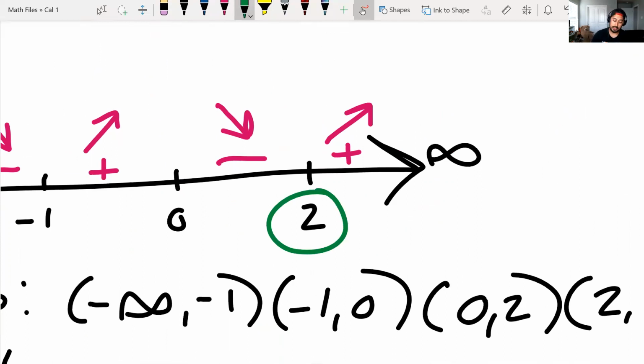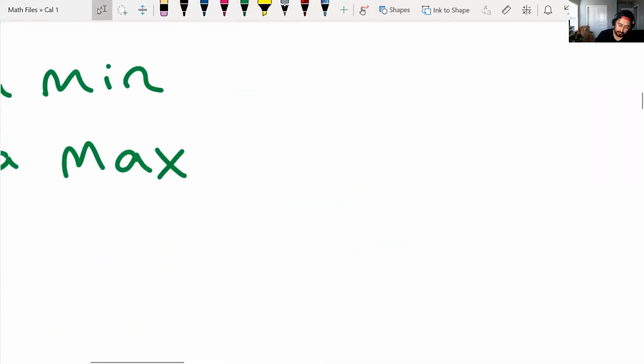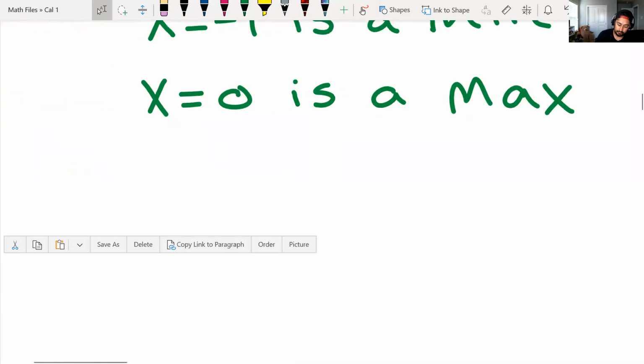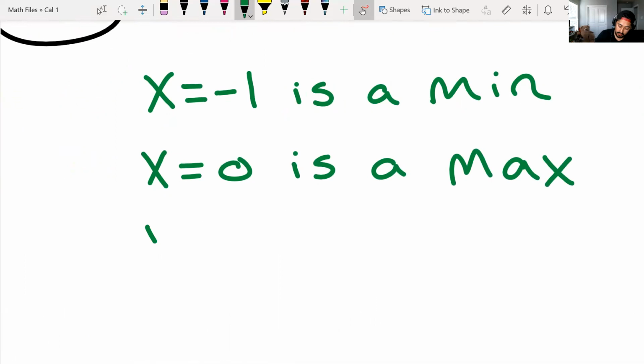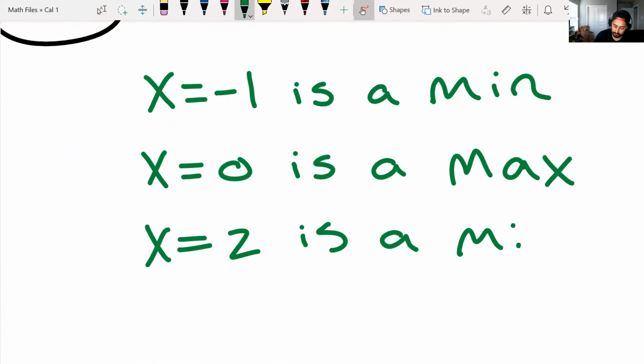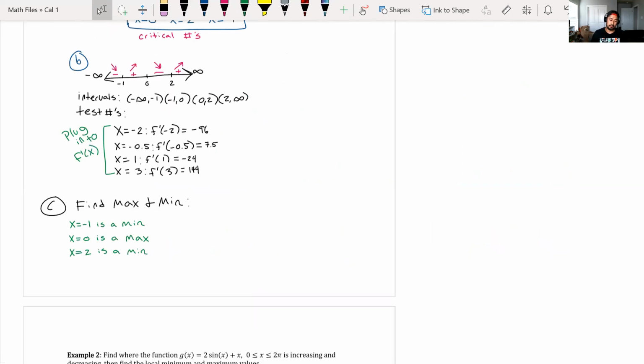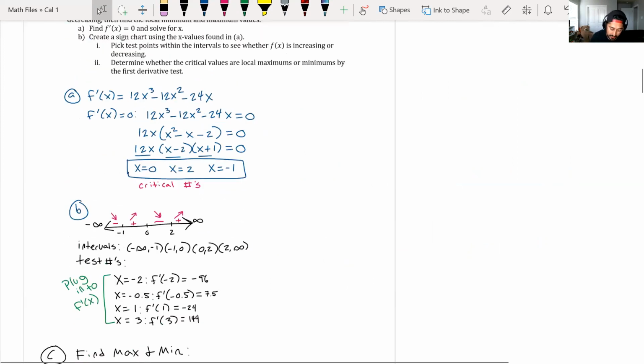What is our graph doing? It is decreasing and then increasing, which means 2 is a minimum. So x equals 2 is a minimum. Okay, so -1 and 2 are minimums, 0 is a maximum.